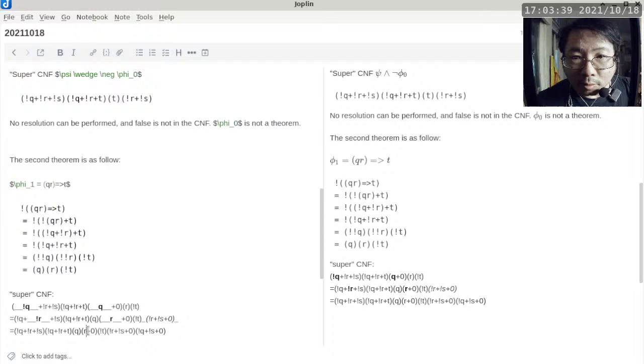So R or 0 is just R, and we can basically be left with this T if we resolve the Q and the R away. So I've been working on the first one, which is not going to be very helpful to us. But if I worked with the second one, it would end this whole thing pretty quickly. So I'm just going to do that here. All right, so we will use this not Q to resolve with this Q over here.